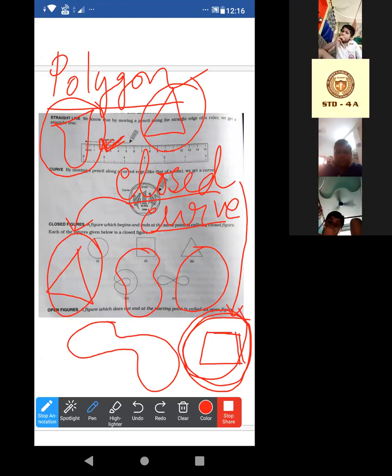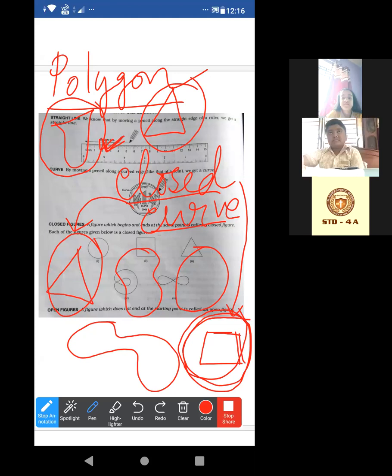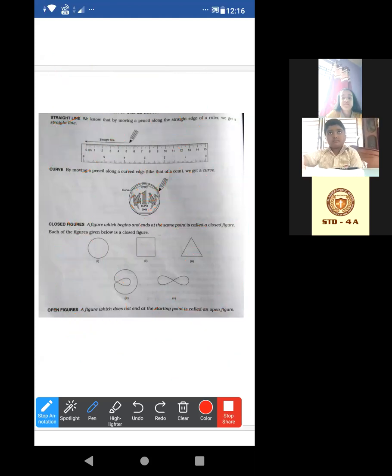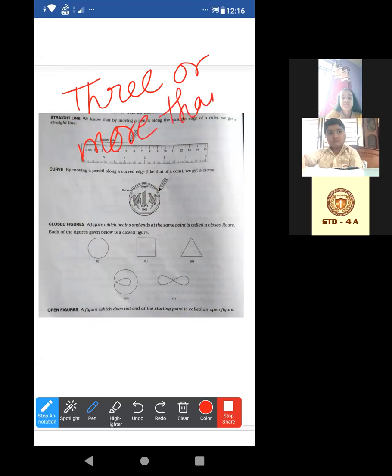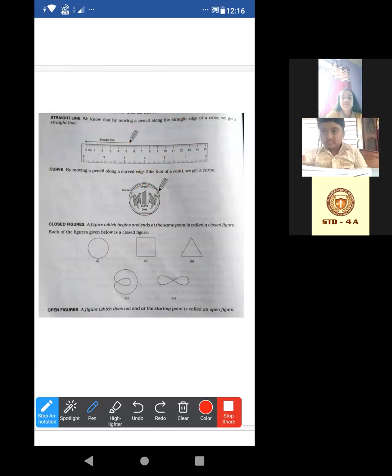So now everyone look at this. Now write polygon. Polygon means it is made up of three or more than three line segments. Now, what are the names of the polygons? Write.